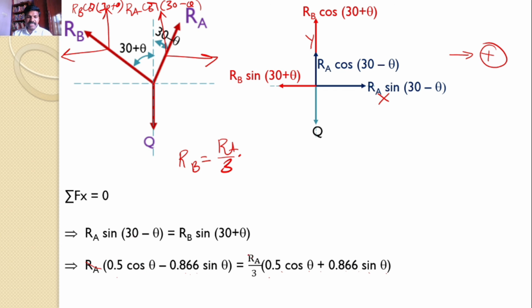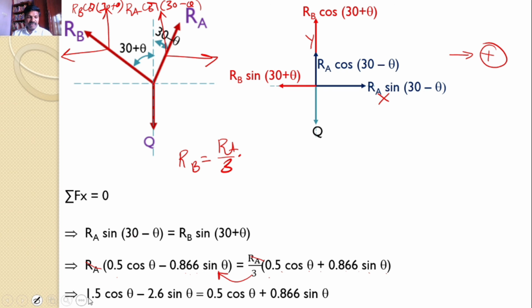So RA gets cancelled and I can simplify further. So 3 I will send towards this side. Then I will get 1.5 cos theta minus 2.6 sine theta is equal to 0.5 cos theta plus 0.866 sine theta. So this I can further simplify.